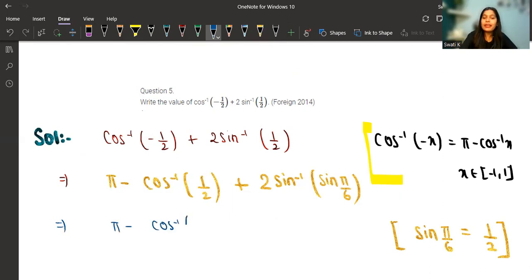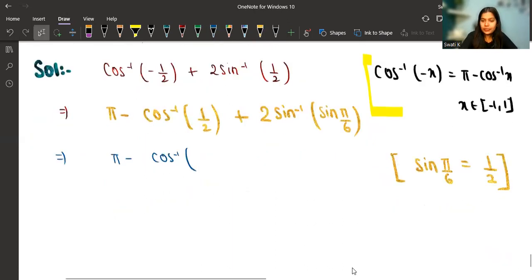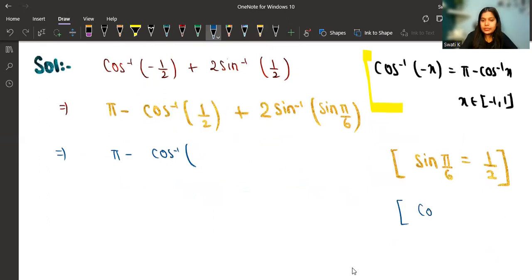Now for what value of cos the value is half? We know it is for cos 60. So you can write down here because we know that cos pi by 3 is half. Therefore, at the place of half, I can write down cos pi by 3 plus 2 sine inverse sine theta.